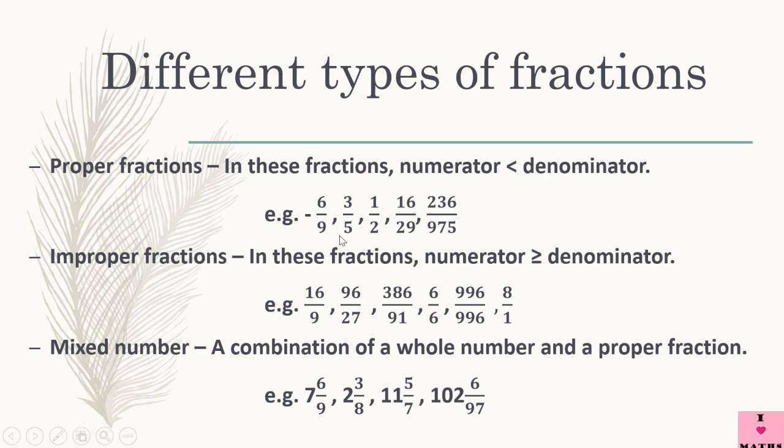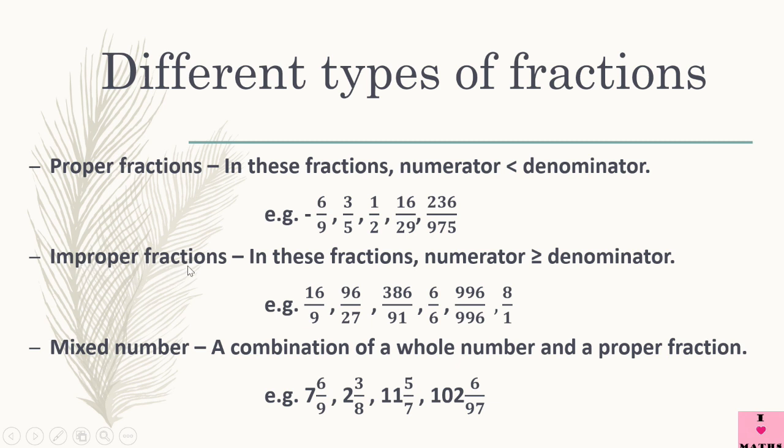For example, 6 upon 9, 3 upon 5, 1 upon 2, 16 upon 29, 236 upon 975. In all these fractions, the denominator is bigger and the numerator is smaller. So these are proper fractions.